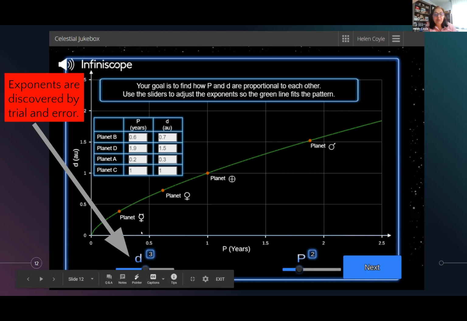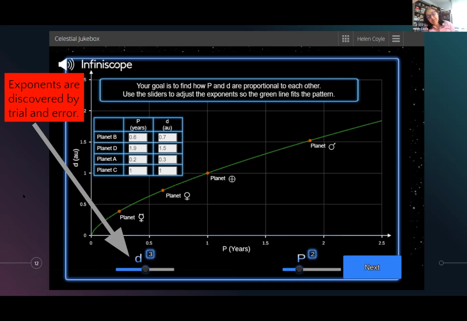And same here, it has the period, it's got the distance. And you can go in here and change the exponent. And as you're changing the exponent, the curve changes. So if you put 1 and 1, you get your straight line, and clearly that's not the right shape to describe this data.